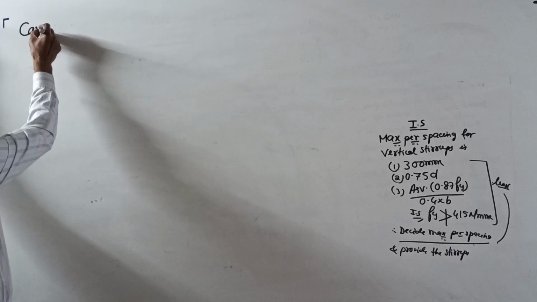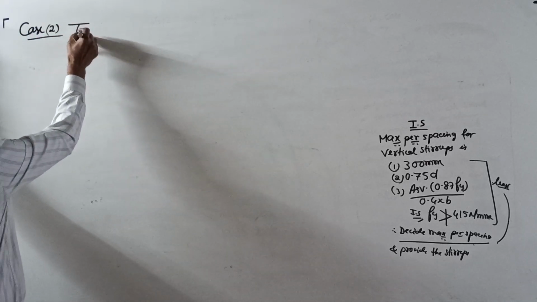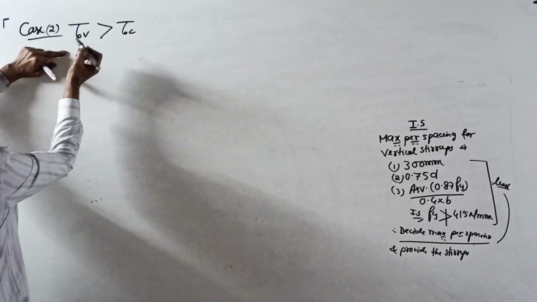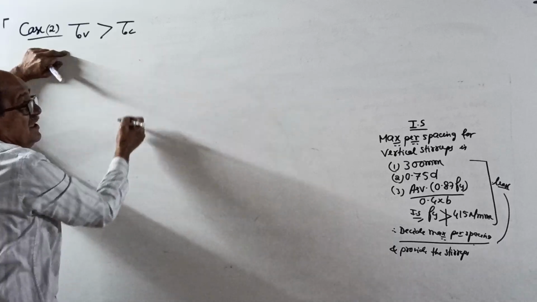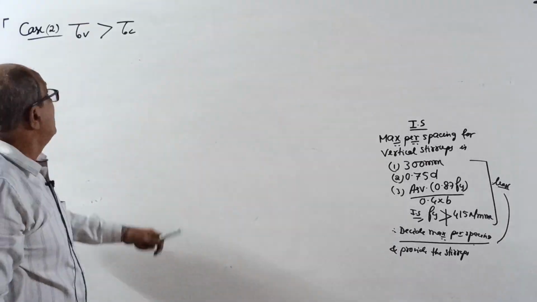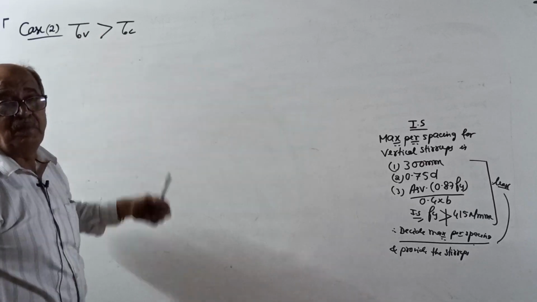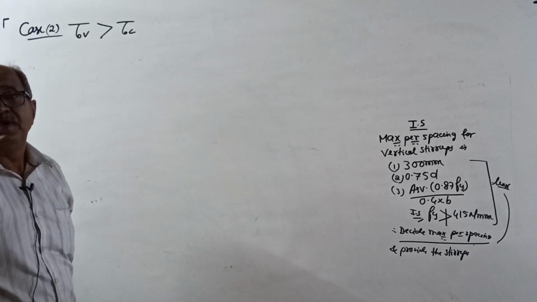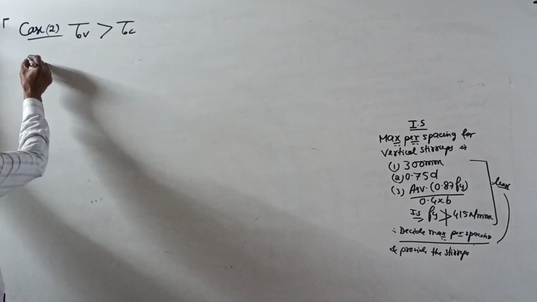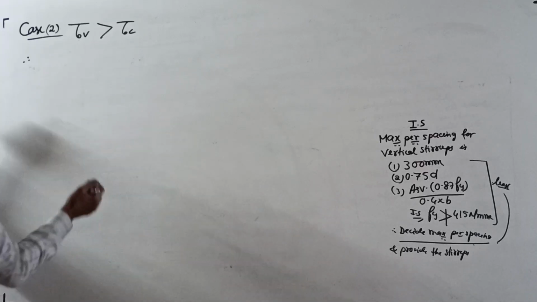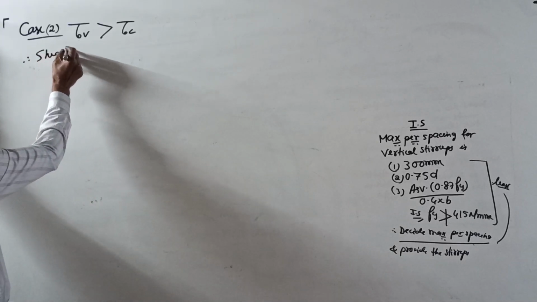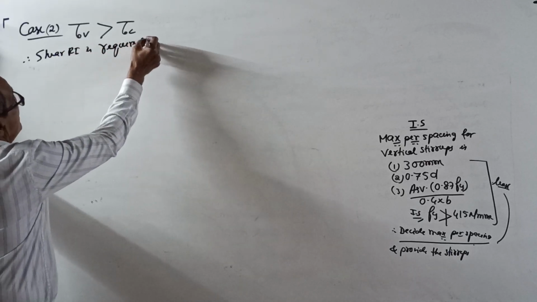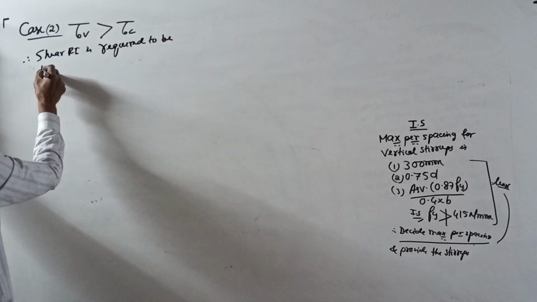Case 2, tau V more than tau C. Write the shear stress to be resisted, how much shear stress is allowed or resisted only by concrete, like how much is the bill and how much money is in the pocket. Like bill 500 rupees, in the pocket only 200 rupees. Help required. Therefore, first of all, shear reinforcement is required to be designed.